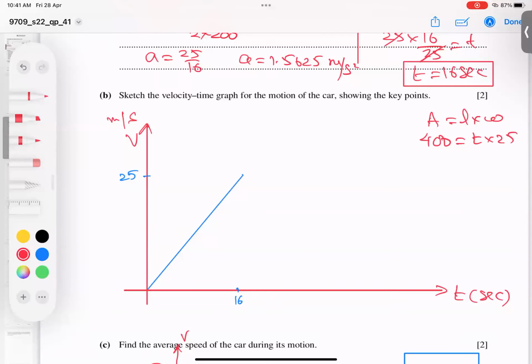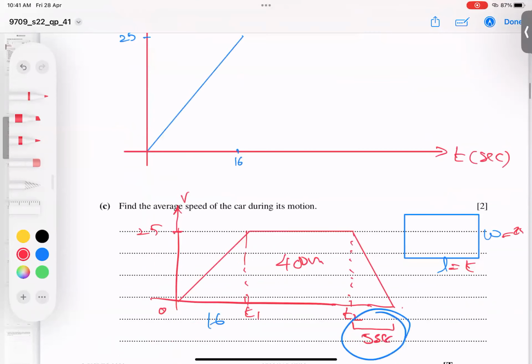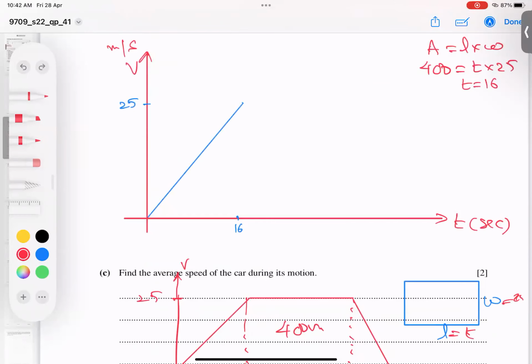So 400 divided by 25 gives exactly 16. Repeat my words: this height is equal to 25, this gap I don't know, and distance is 400 meters. So I got 16 seconds.